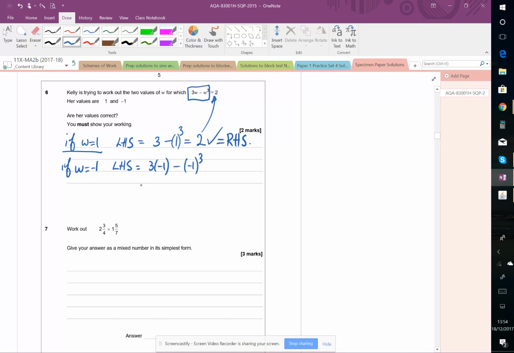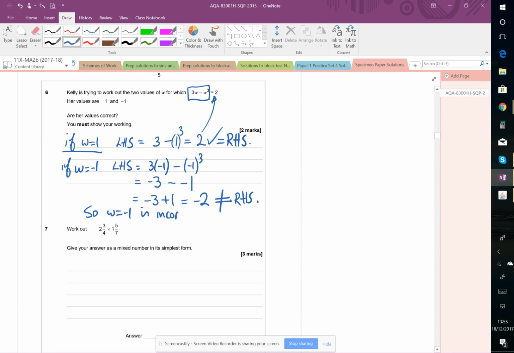So let's be careful with our negatives here. 3 times -1 is -3, minus, and then -1 cubed is -1. So we've got -3 minus -1, and these two minuses multiplied together gives a positive, so that's -3 plus 1, and -3 plus 1 is -2. This is not equal to the right-hand side. So W equals -1 is incorrect.